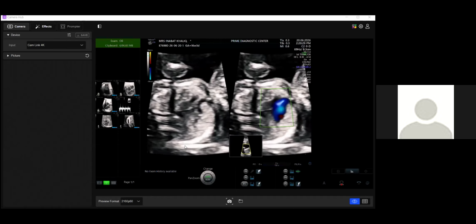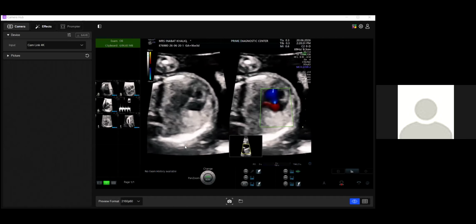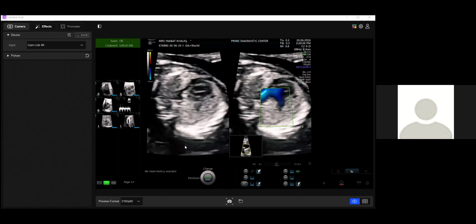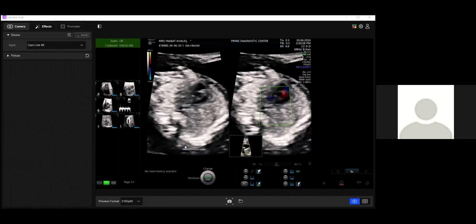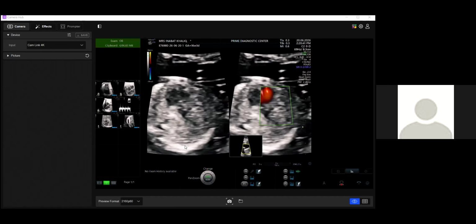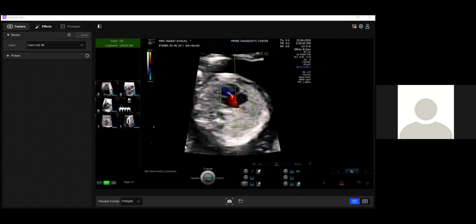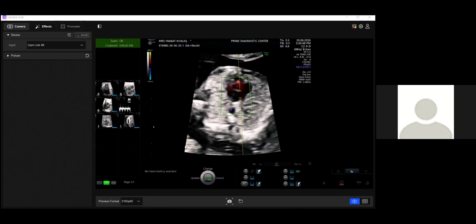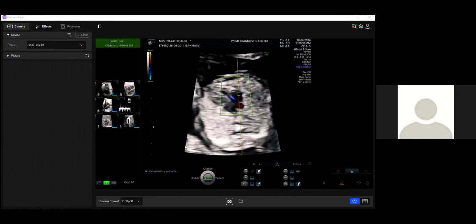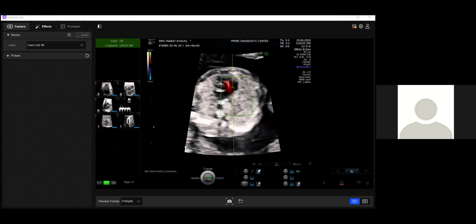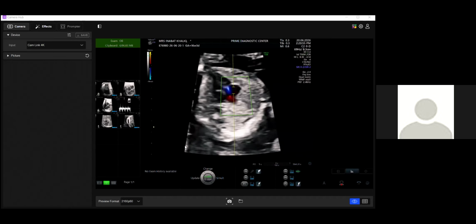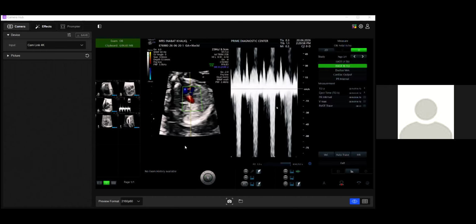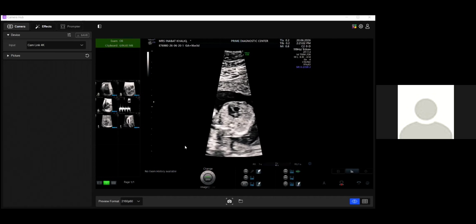This is a mild regurgitation, which is insignificant. These are of no consequence. They keep coming and going, so not important at all. But even if the fetus is moving, let me try to capture that TR jet. Yeah, so that's the TR which you saw. Fine.